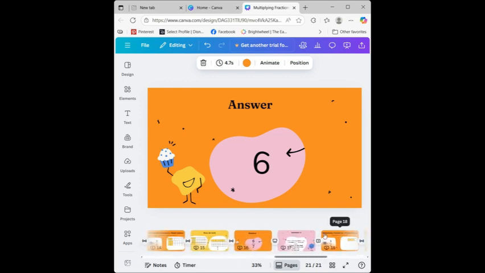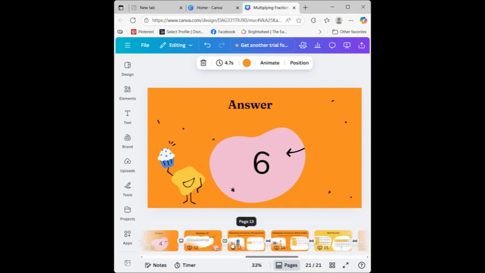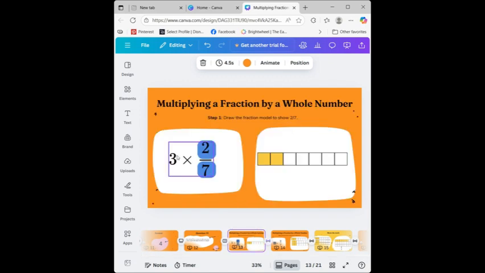Now, when we go back and look at question number 2, 3 multiplied by 2/7, I saw on your paper that you did make a set of 7 with 2 shaded in.